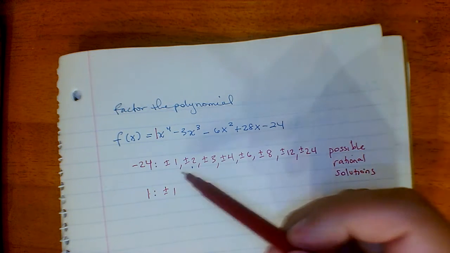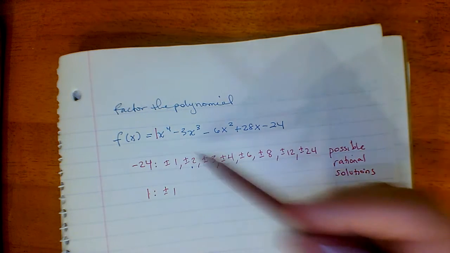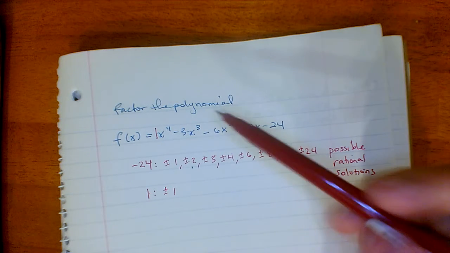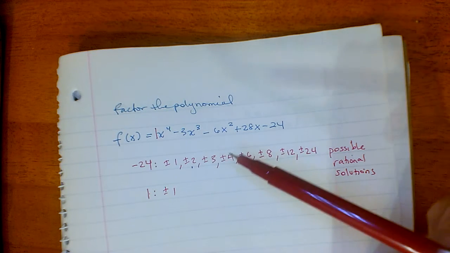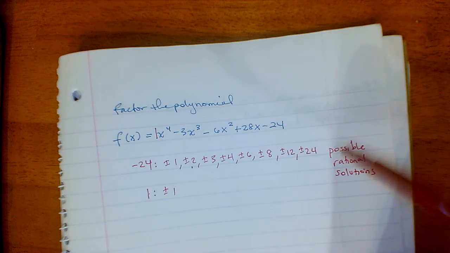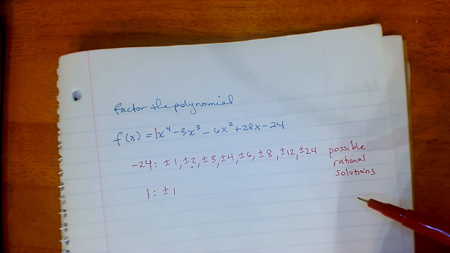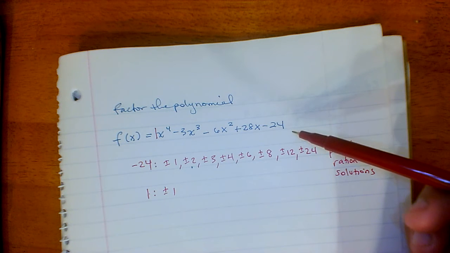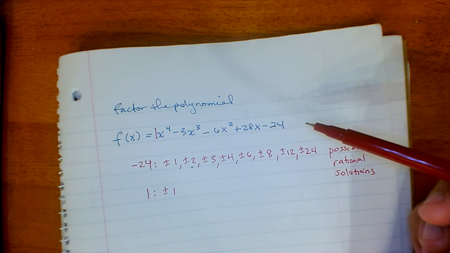Unfortunately, that gives us a lot of possibilities. Any of these over 1 will continue to be themselves, so this list of plus and minus 1, 2, 3, and so forth are all my possible rational solutions. And there's no guarantee for these kinds of polynomials that I'll even have rational solutions.